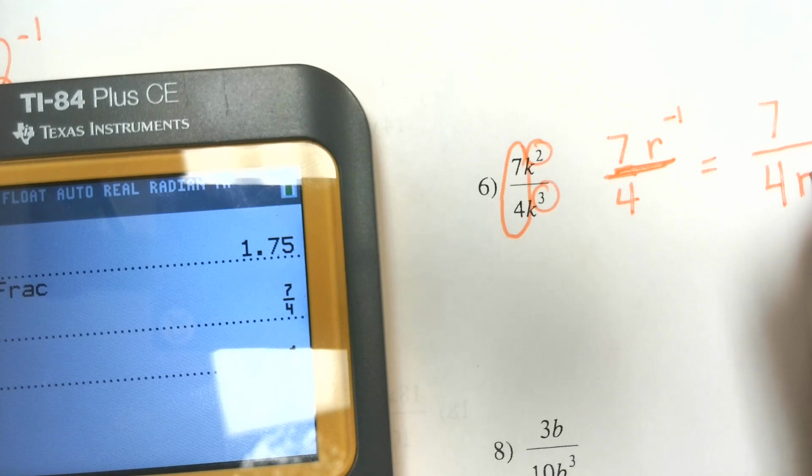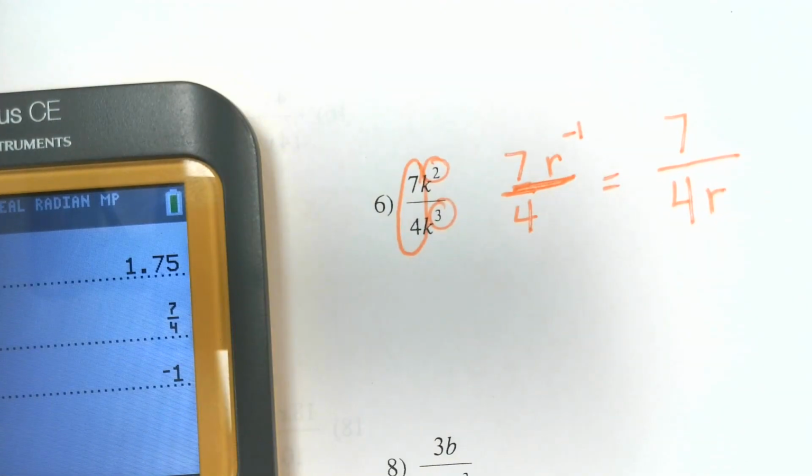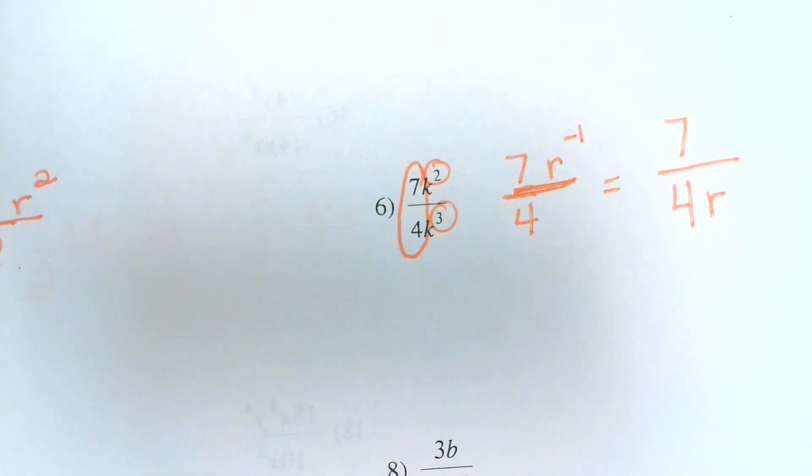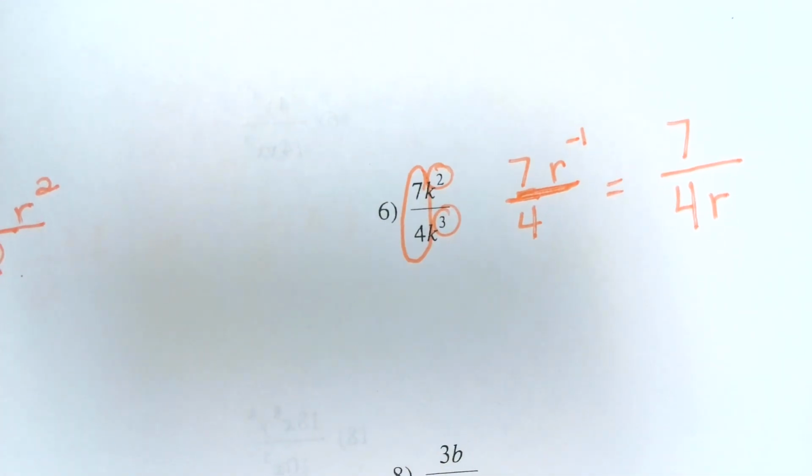On the bottom. And it becomes positive 1, which we don't really need an exponent of 1. All right, go ahead and do 7 through 10 now.